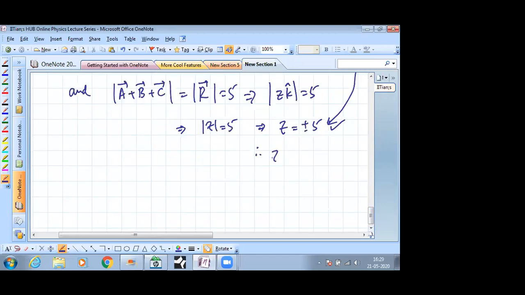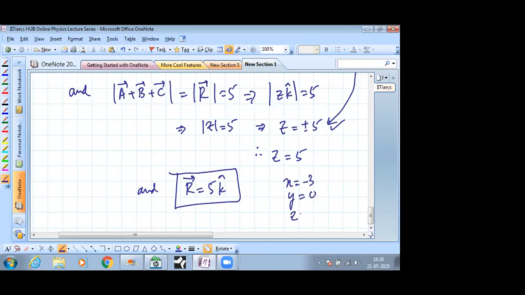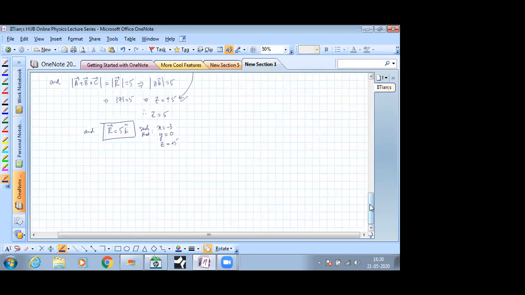Therefore z is 5 and the resultant is 5k cap. The solution is x is minus 3, y is 0, z is plus 5. This is the complete solution of this question.